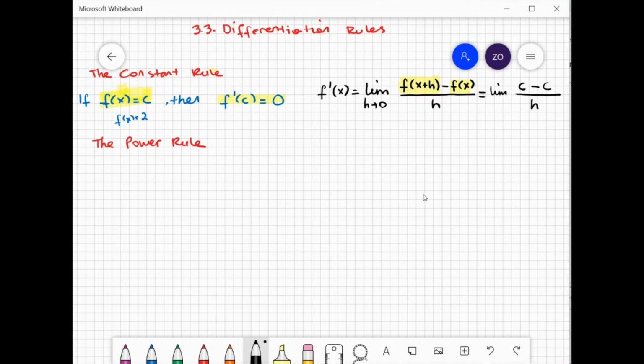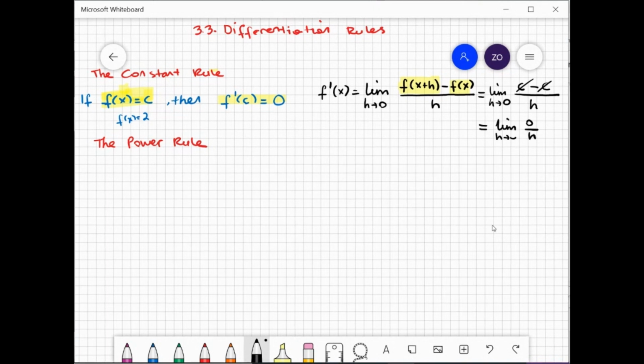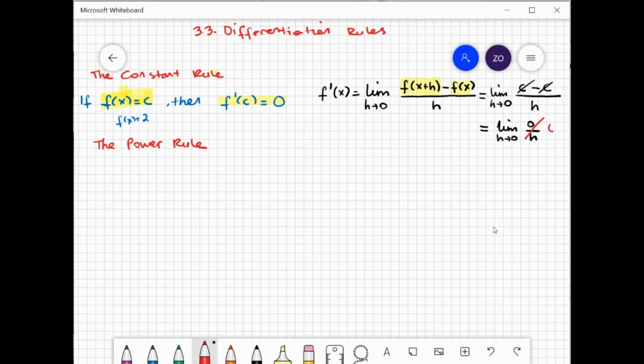So the numerator is simply c minus c, so the c's will cancel out. We will find 0 over h, which is 0. What is 0 over h? 0 over any number is 0, so we can simplify this to 0.